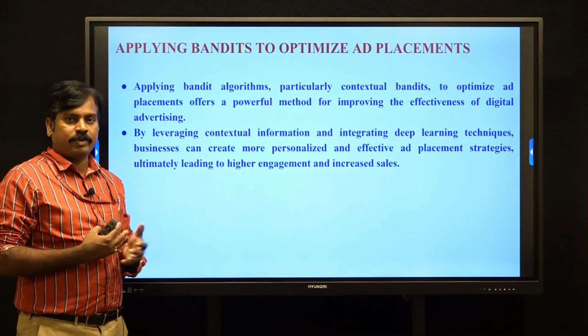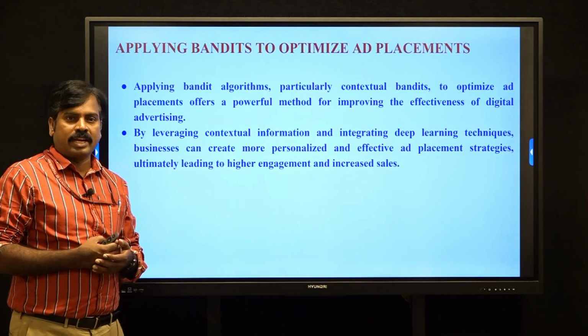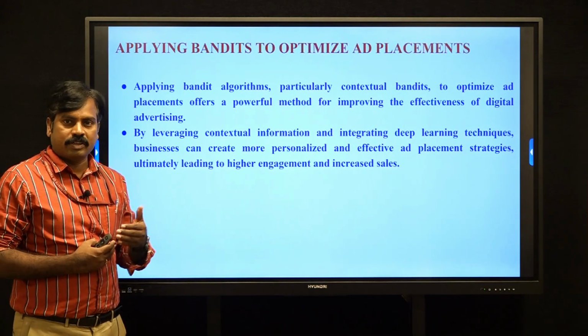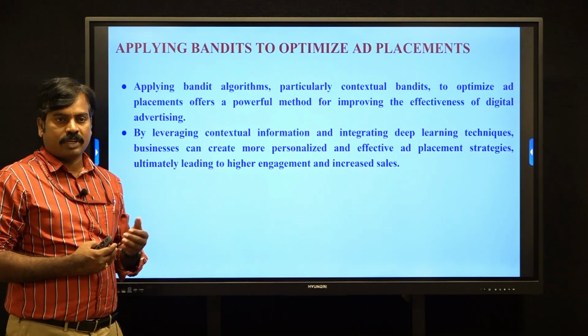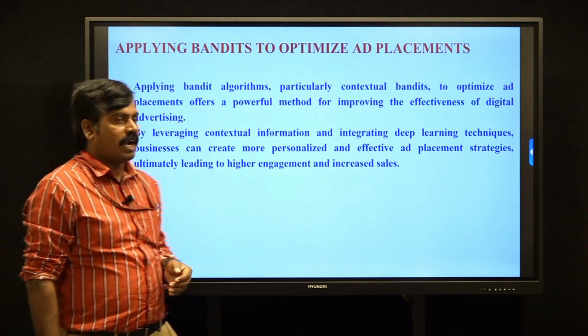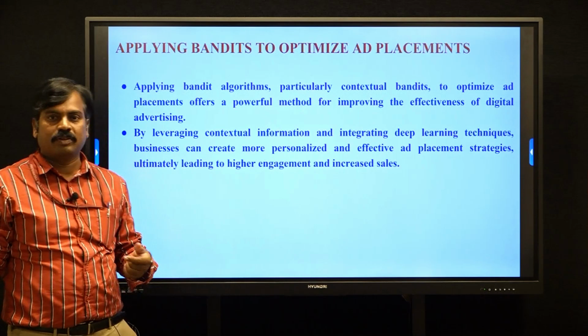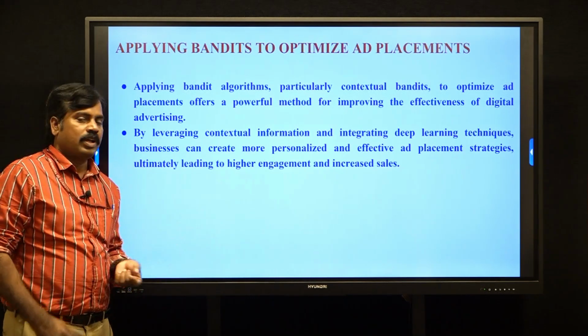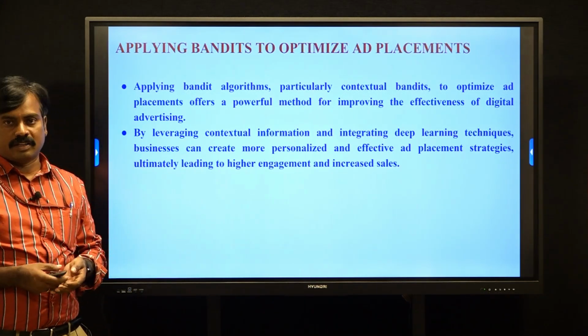The trained deep learning techniques map the states and the corresponding actions. We implement the bandits to optimize ad placement using deep learning with multi-arm bandit reinforcement learning algorithms. Thank you.